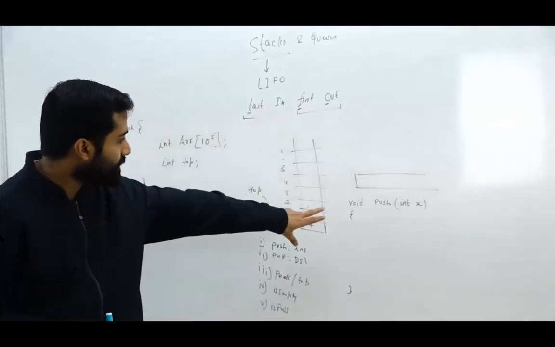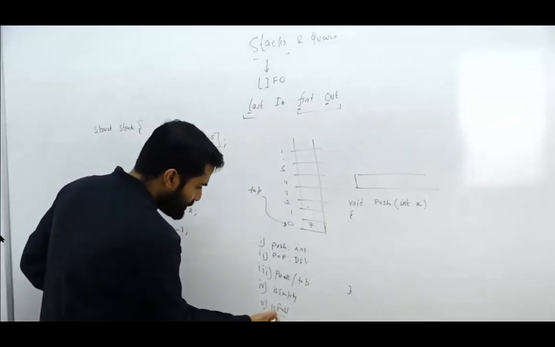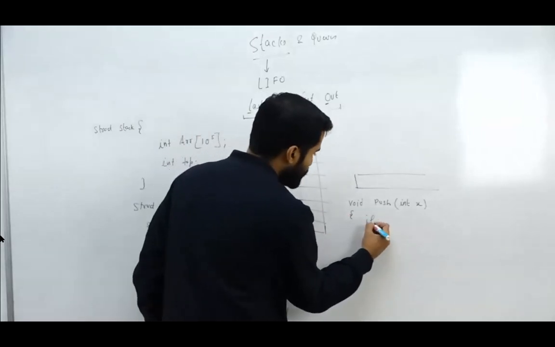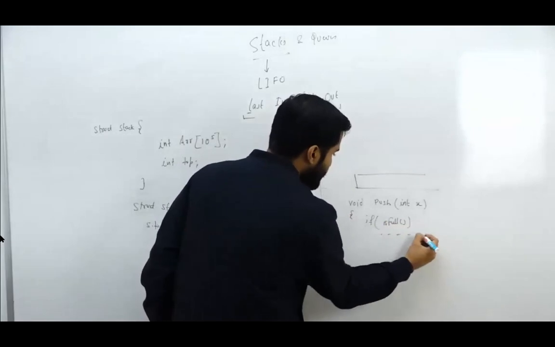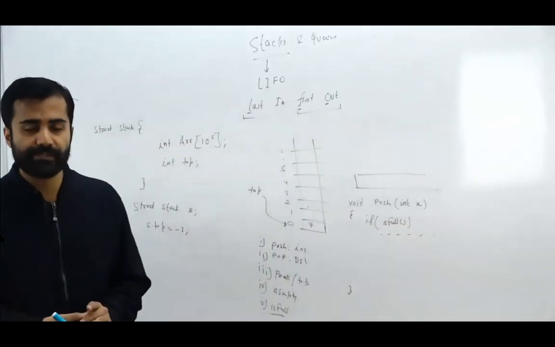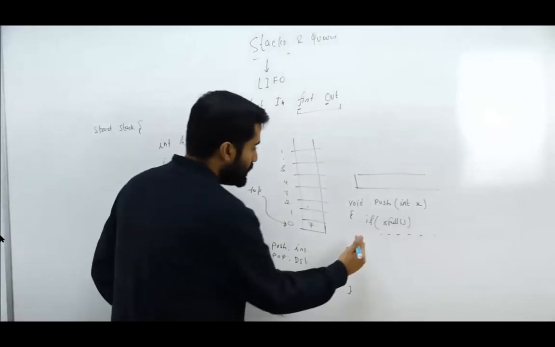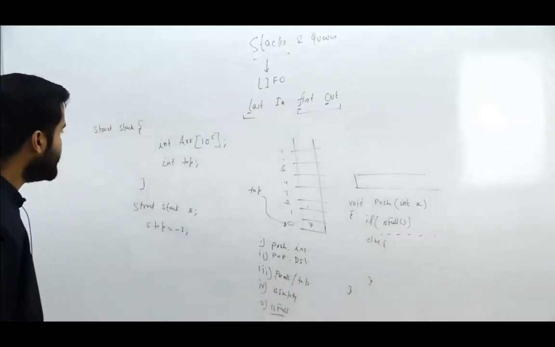So first you need to have a check for overflow, and let's say there is an is full function. I'll implement it later, but you can make a call to it. If is full, then you can print that we can't push, it's an error scenario. Only if it is not full, in the else case, can you do certain things.